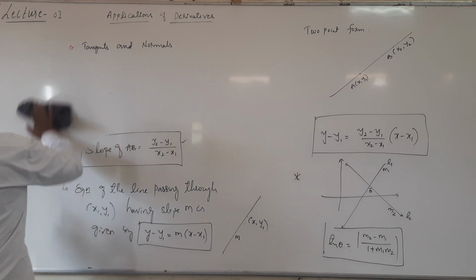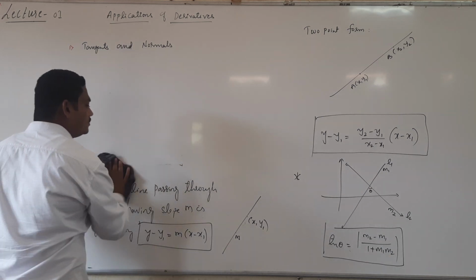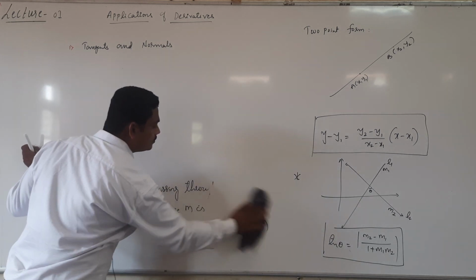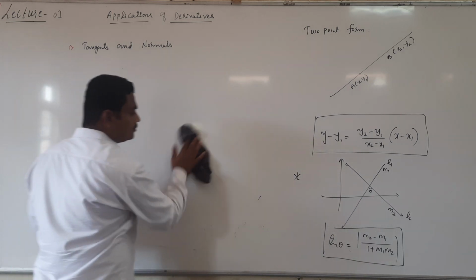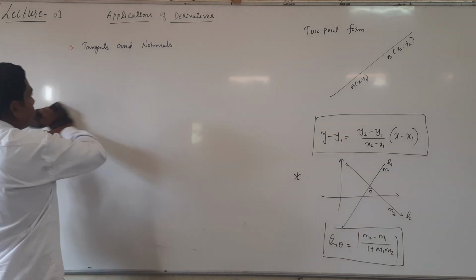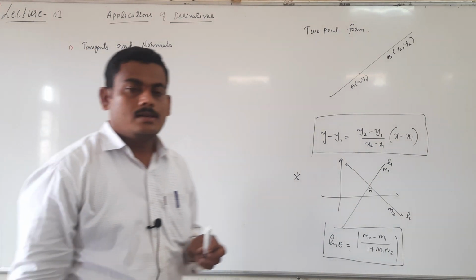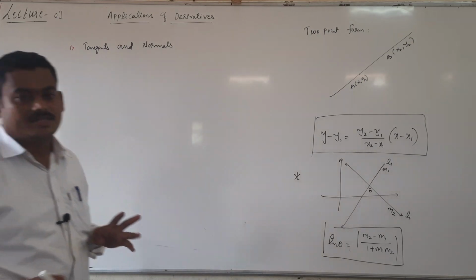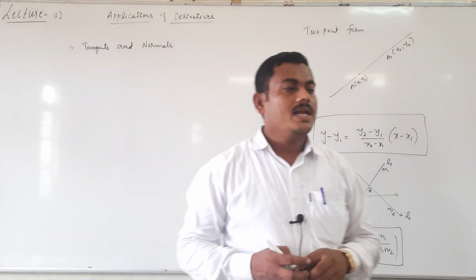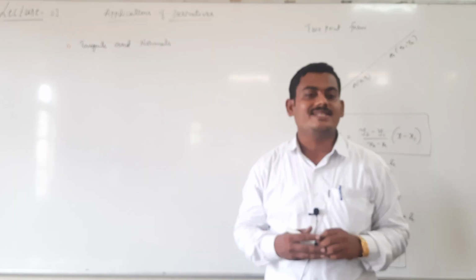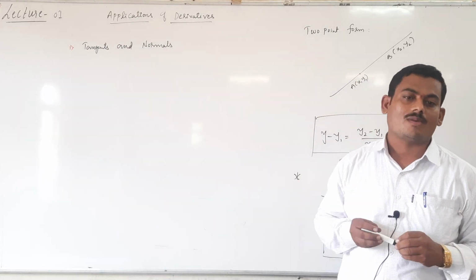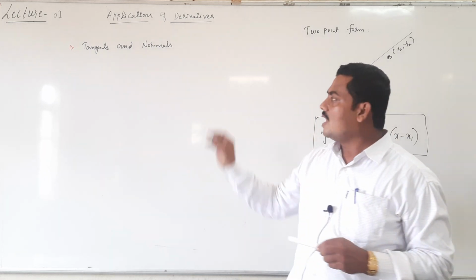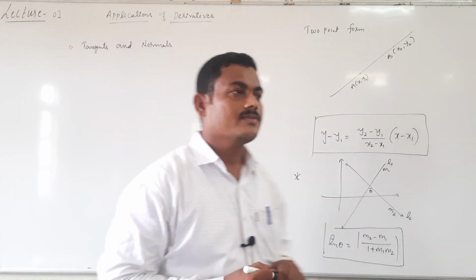Now, tangents and normals. Let us know what is the definition of tangent and what is the definition of normal. Tangent in the sense it is a straight line. Normal is also a straight line.